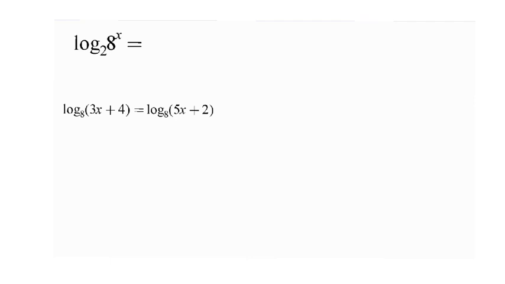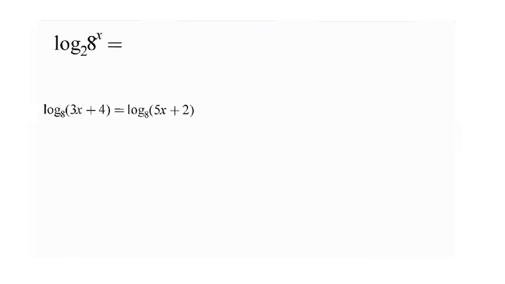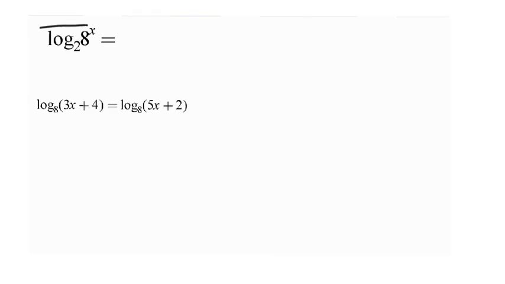This specific one uses a different property that's back on our last sheet that tells us if there is an exponent, we can bring it down to the front. And this is one of the most important ones that we have about this exponent. So I can rewrite it as x times log base 2 of 8.